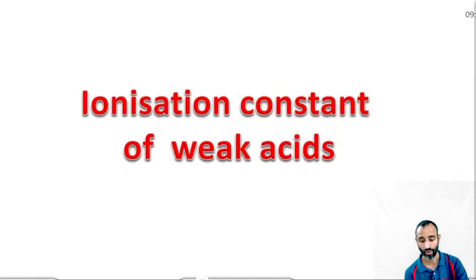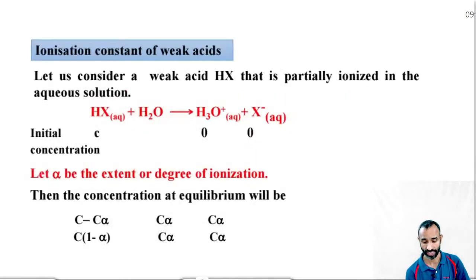Okay, ionization constant of weak acids. So when we deal with weak acids, weak acids are dissociated to a certain extent. So we take into account degree of dissociation, that is alpha, or we can call it degree of ionization.